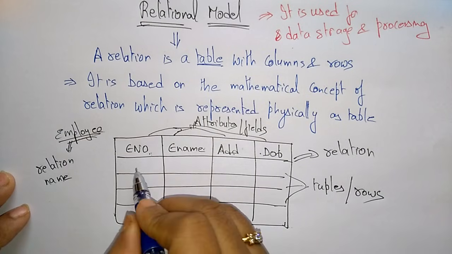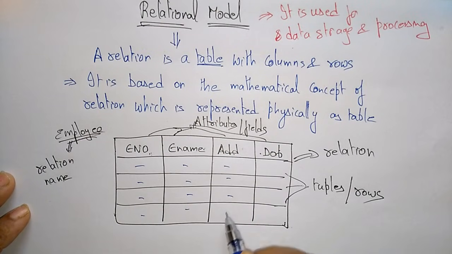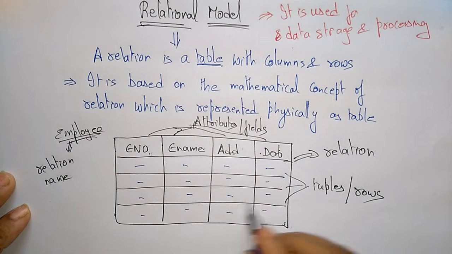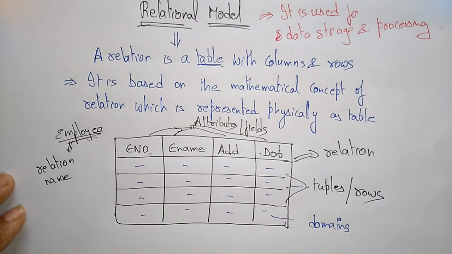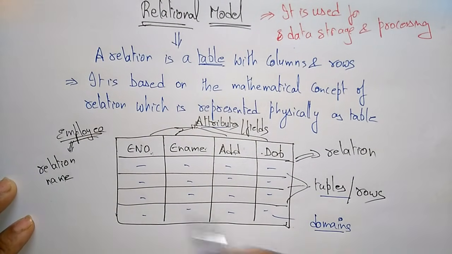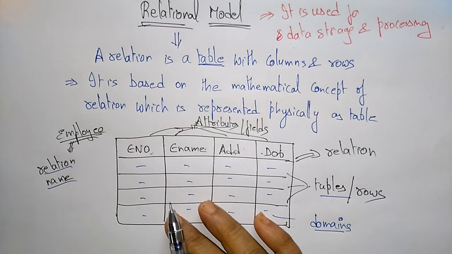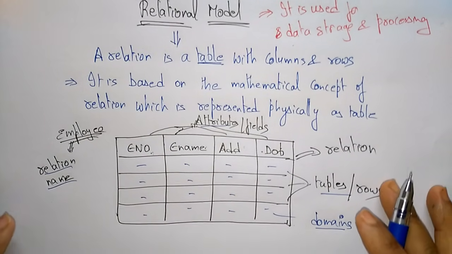The values present in each column are called domain values, domains. So the terms to note are attributes, tuples, domains, relation name. These terms occur while you are creating tables.